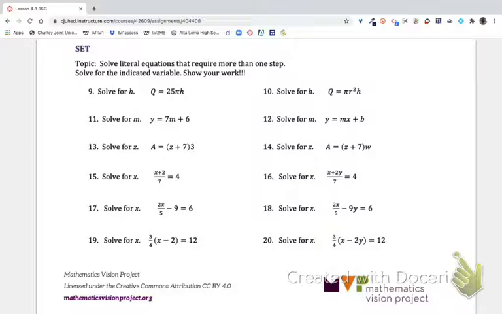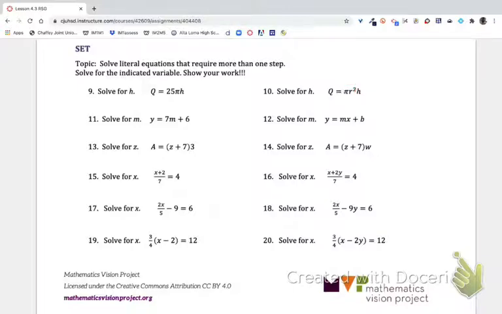For the set portion, again, we're working through what we had practiced during the lesson itself. So I'll do just a few of the even problems here. Solving for h, we would need to find a way to get rid of all of this to isolate that.